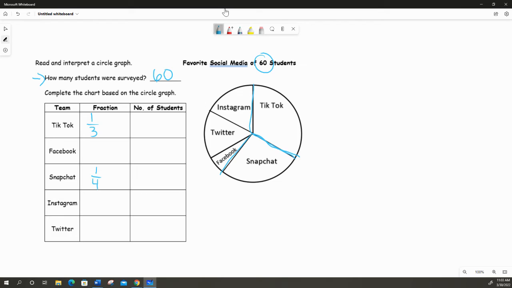Now I'm going to use a different color to indicate something else here. If I look here, I know from here to here, that's also represented as a third. And that third is being split right in half with Instagram and Twitter. So if I were to take that third and split that in half, I would end up with sixes.